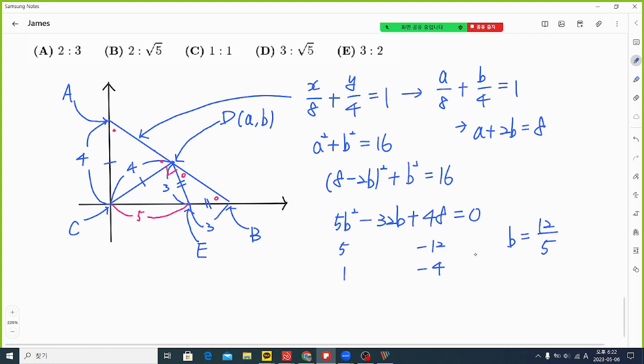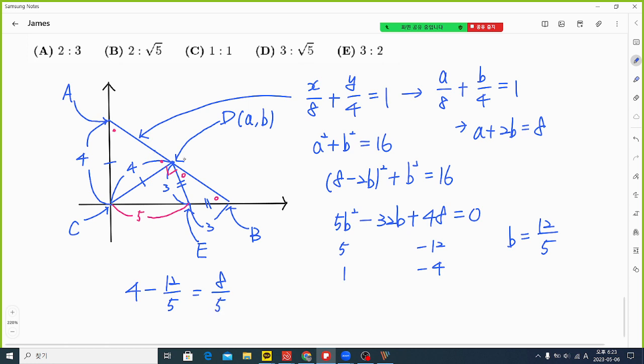So that means if we subtract 12 over 5 from 4, that's 8 over 5.